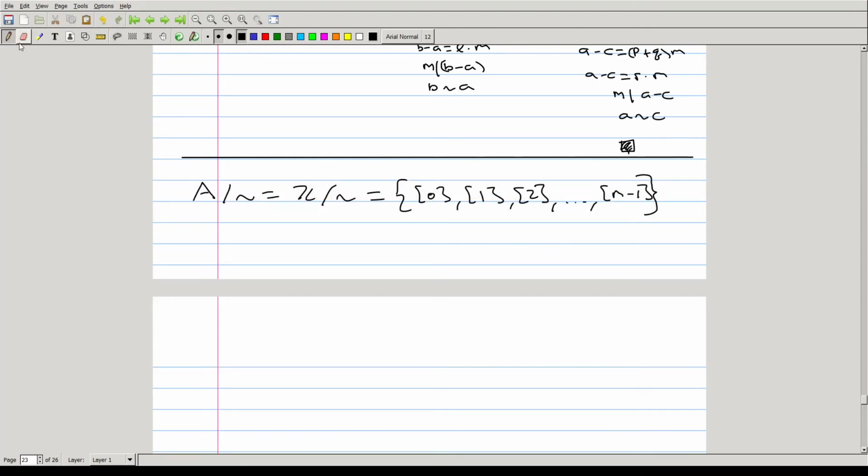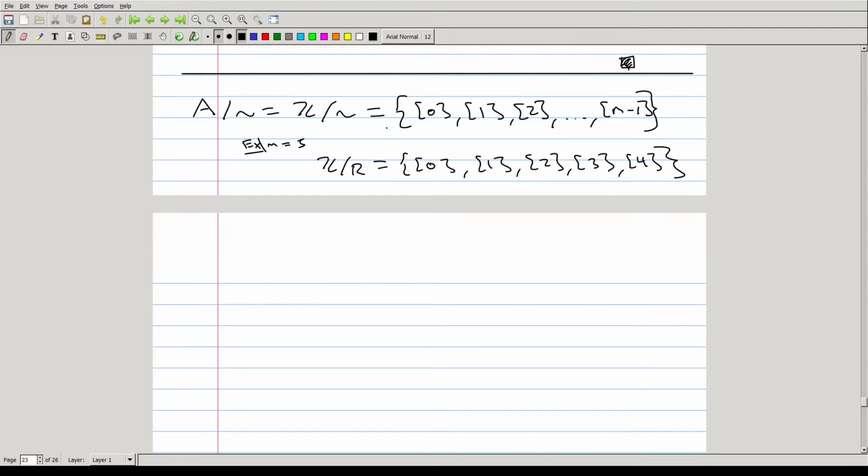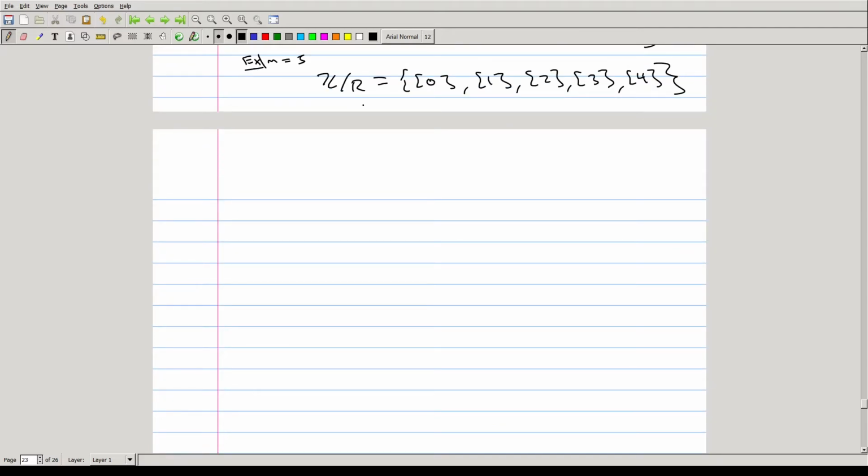For the example where m equals 5, Z mod the equivalence relation just ends up being the equivalence class of 0, the equivalence class of 1, the equivalence class of 2, the equivalence class of 3, and the equivalence class of 4. But this is the correct set to do modular arithmetic in.